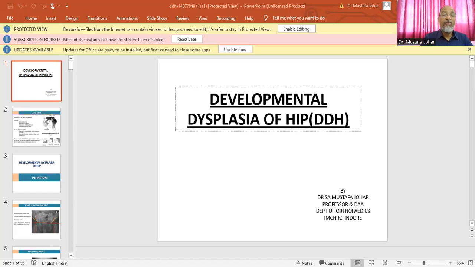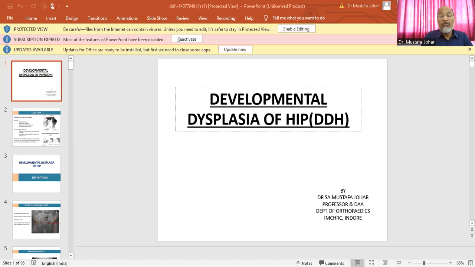Then at the time of delivery, when the gestational period of about 9 months is over, the hormone is released to relax the pelvic ligaments. The assumption is that this hormone is responsible for relaxation of the ligaments in the child also, causing dislocation of the hip.